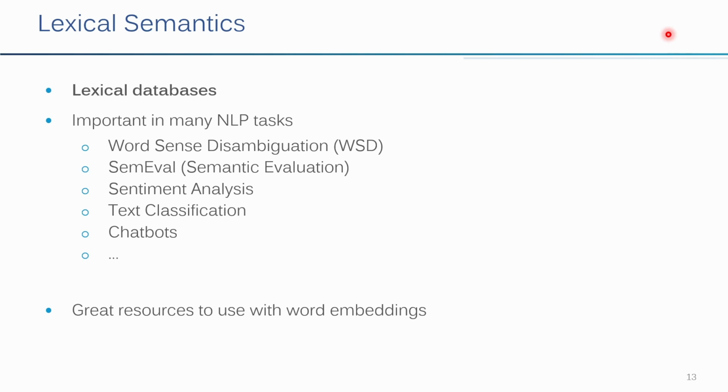And not only that, they're a great resource for you to use with word embeddings. So how you encode some specific word distribution that you have in your corpus. Since people spend a lot of time building these lexical databases or ontologies, why not use this to have a specialized language model or to specialize word embeddings with knowledge that you already have? So this is quite neat.